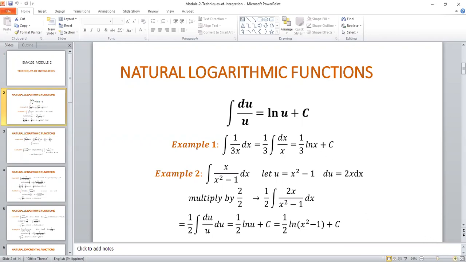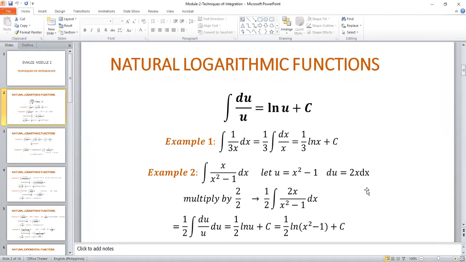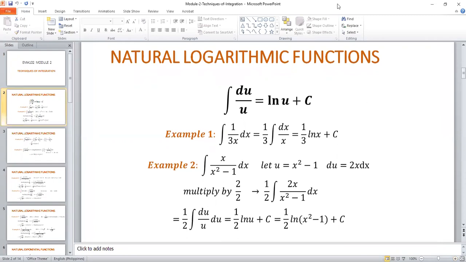Now, as you can see, you have here x squared minus 1. Now, if you intend to make x squared minus 1 as your u, your du is 2x dx.